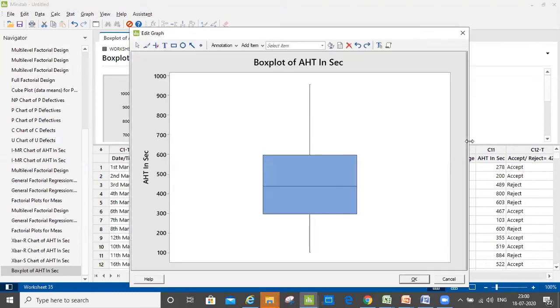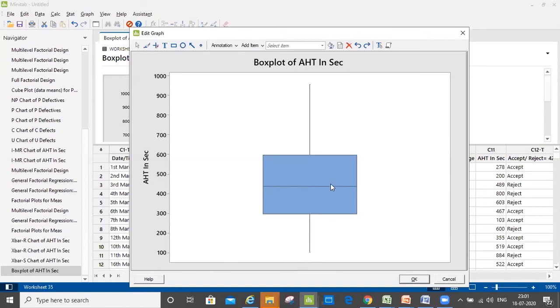In a box plot, we see a lot of things. This center line is first of all the median. Box plot is to be used only when your measure of central tendency is the median. Here it shows you everything. The number of data points is 450, and the median is 437.